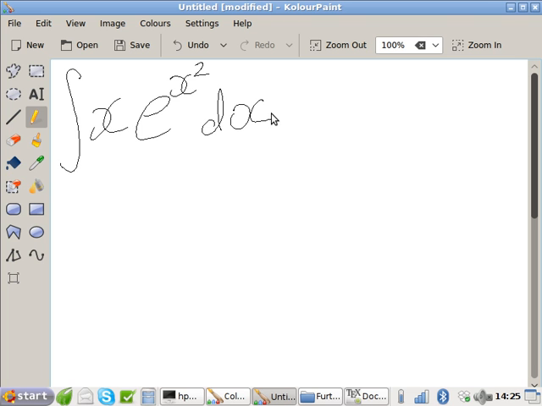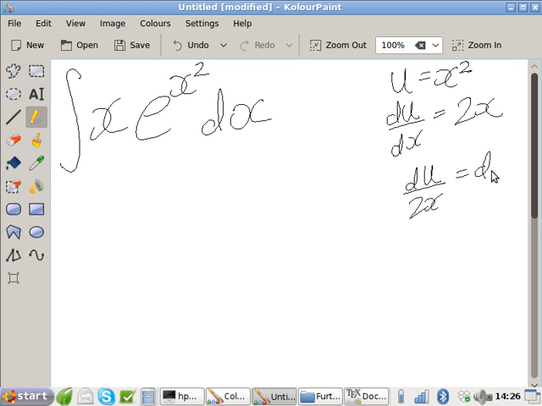U equal x squared, yeah. Usually you'd let u equal the inside piece. So here we say let u equal x squared. So du dx would equal 2x. So that means du over 2x equals dx.